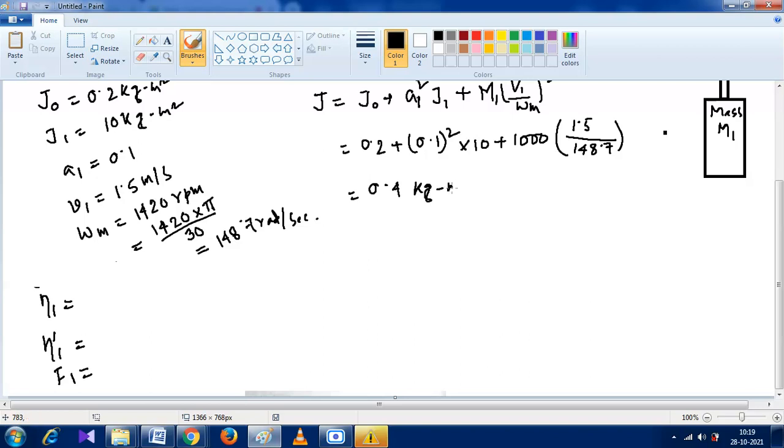Tell me the unit of J. kg meter square. And after simplifying this equation, you get the value 0.4. Have you got that?